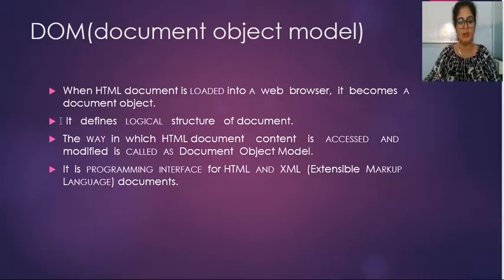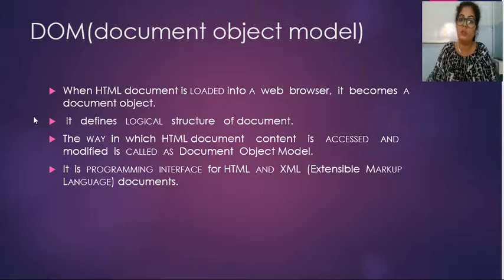When an HTML document is loaded into a web browser, for example, when you create an HTML document and after creating it you load it into a browser, because you make use of a browser to run that code to check the output, whenever you run that document, it becomes a document object.